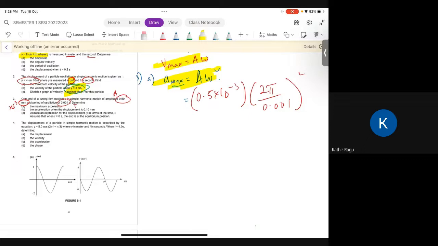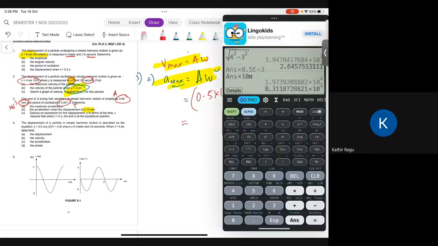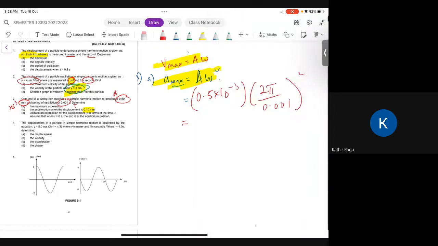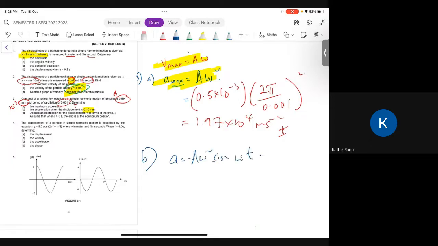Okay, question B. They ask you to find the acceleration when the displacement is 0.1. The answer just now was 1.97 times 10 to the power of 4, unit ms negative 2. For question B, acceleration has two formulas: negative R squared sin omega t, or negative omega squared y. But since they give you displacement, we use the displacement one. This one we don't use, because you use it when they give you t only.